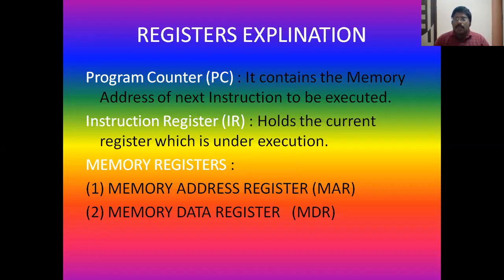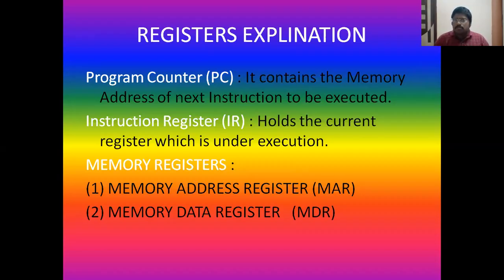So it enhances the speed of operation, because while this instruction is being executed, the program counter automatically gives the address to the ALU, so that the ALU takes the instruction from that memory location. That is the purpose of the program counter.